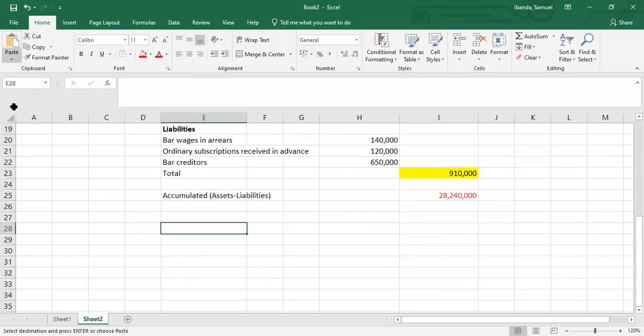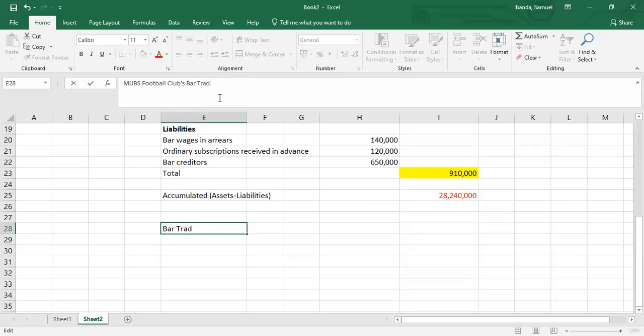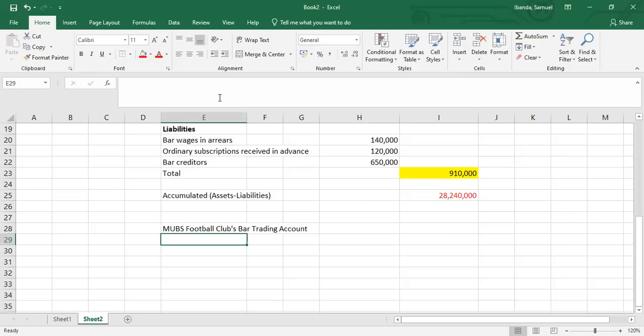So we can say bar trading account, and this is for the period ending 31st December 2003.